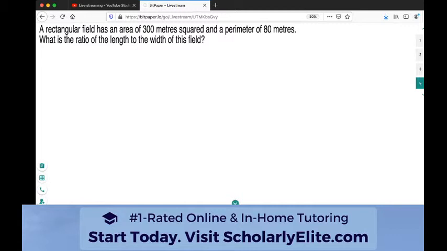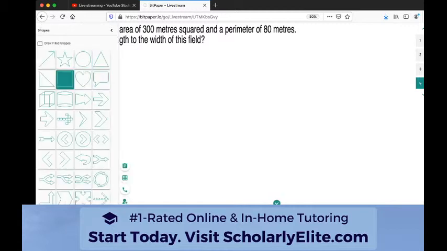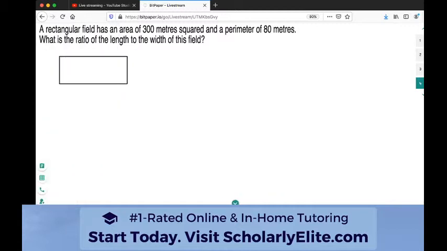So first of all, let's talk about what we know so far in this question. We know that the rectangular field has an area of 300 meters squared and a perimeter of 80 meters. Let's first draw our rectangle. So I know that the area of this equals 300 meters squared.